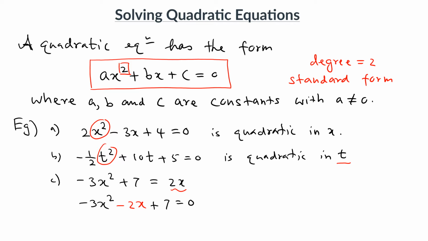Sometimes we can also remove those extra negative signs. If you divide by negative 1, you can write this as 3x squared plus 2x minus 7. Dividing by negative 1 switches the signs.